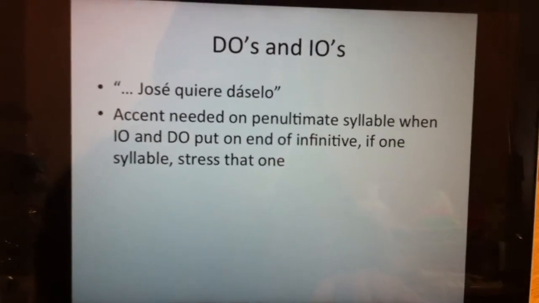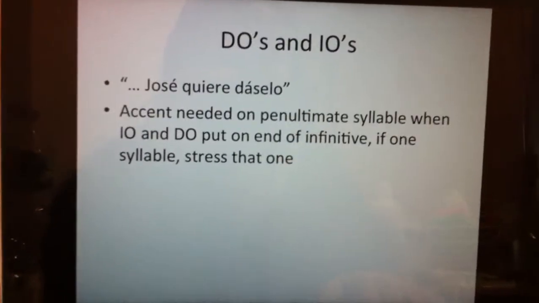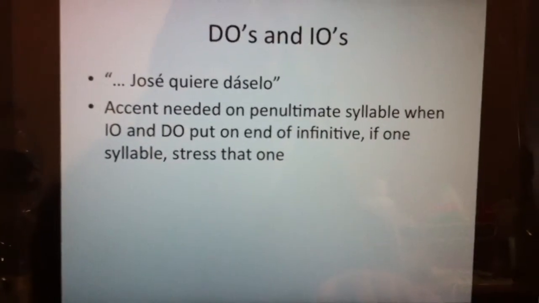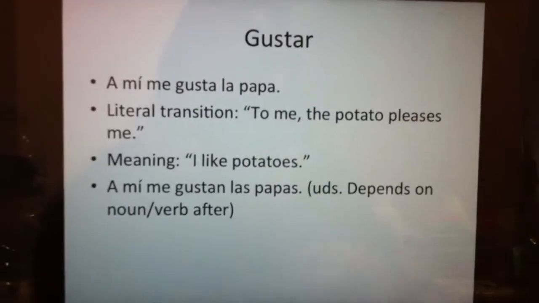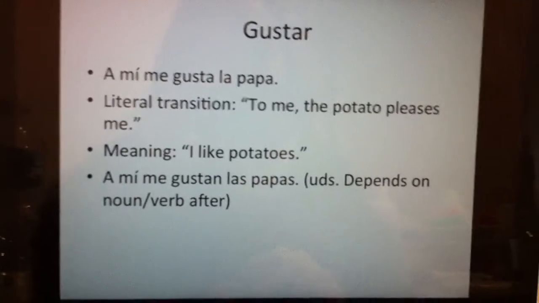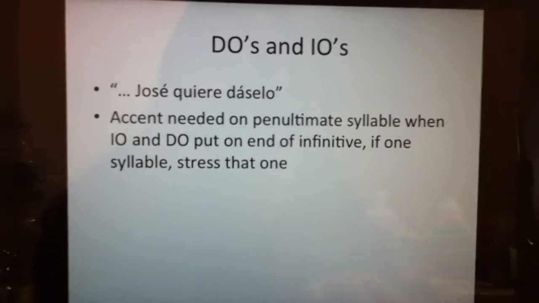An accent is needed on the penultimate syllable when the indirect object and direct object are put on the end of the infinitive. If there's only one syllable, you stress that one as well. And this is just to keep the verb sounding as it is.